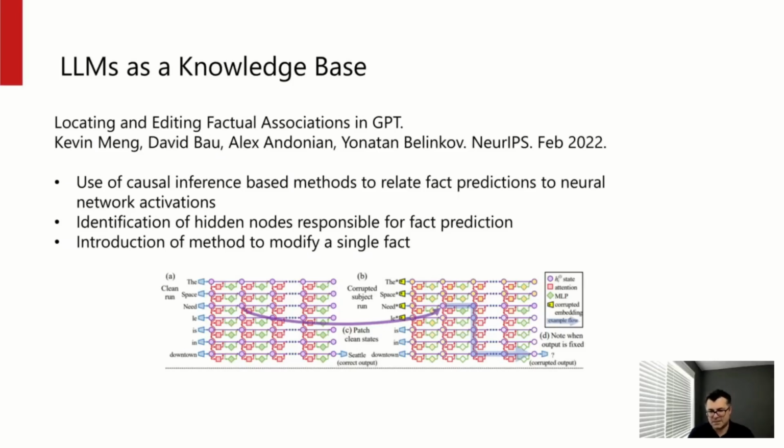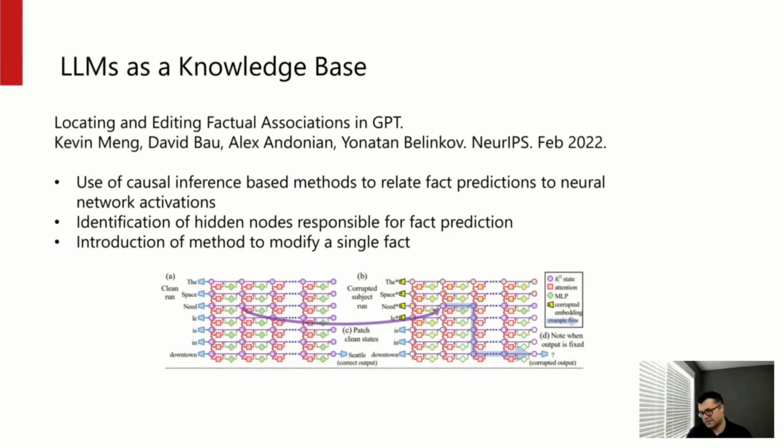I think in this case it was the Space Needle is in downtown Seattle or something like that. And they tried to see if they could locate in the neural network where that is being stored and how it is being stored. It's conceivable that information might be in multiple places, like you have 100 billion weights, that's enormous.